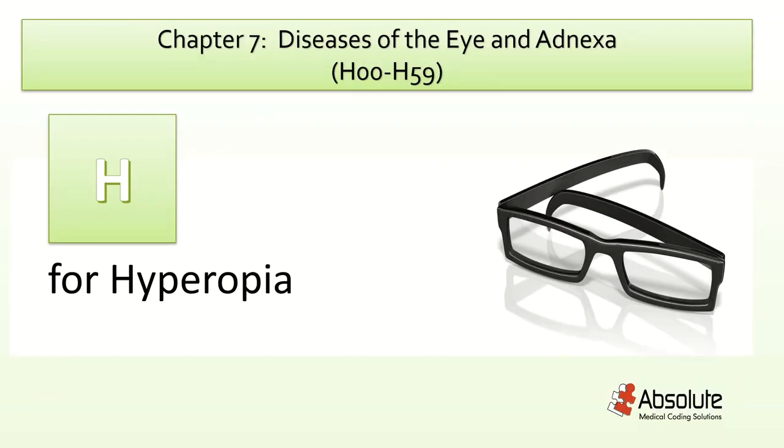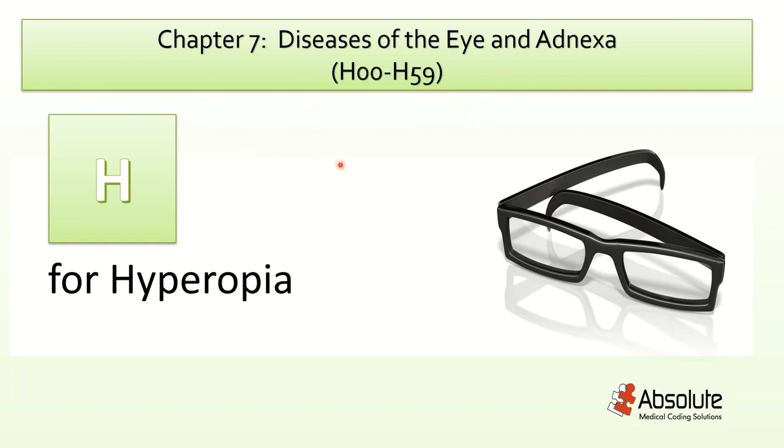All right, coders, we have two diseases that share a category. This is good because they kind of relate, it's not hard. So Chapter 7 diseases of the eye and adnexa code series H00 through H59.